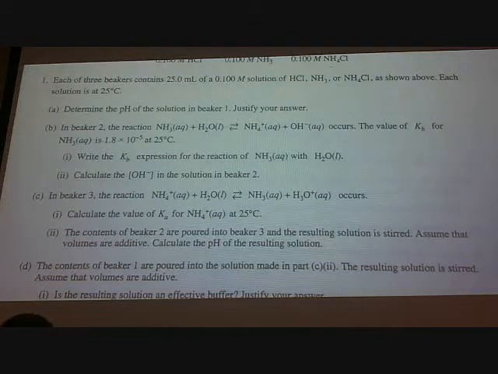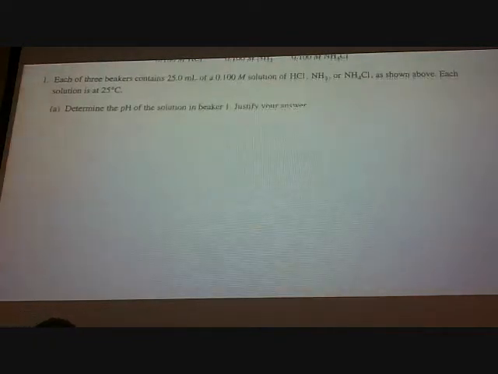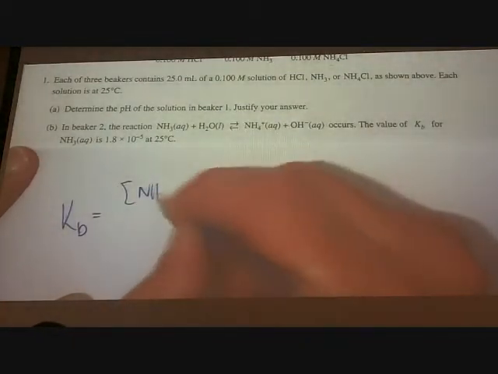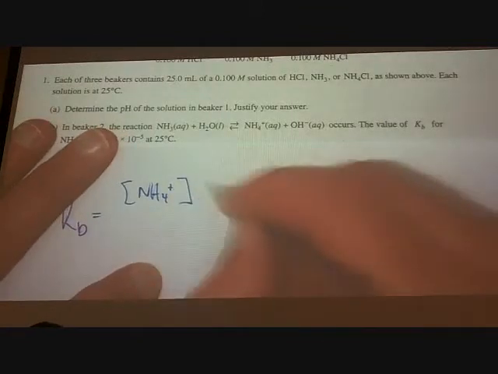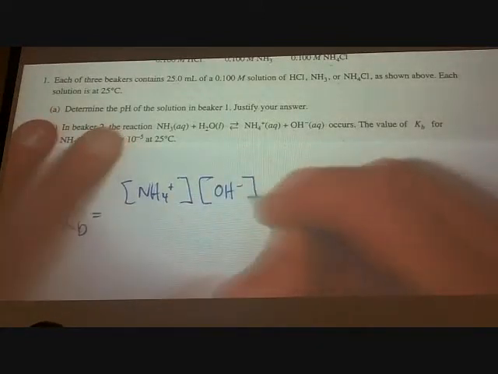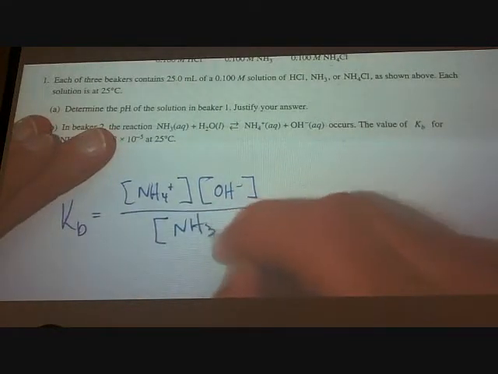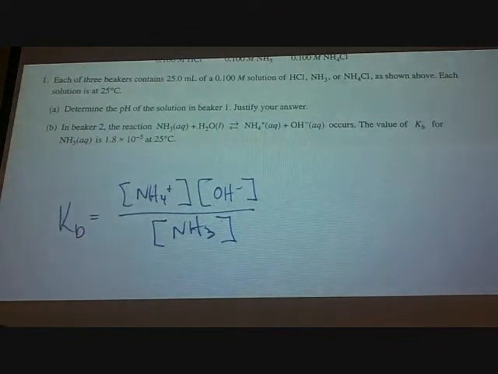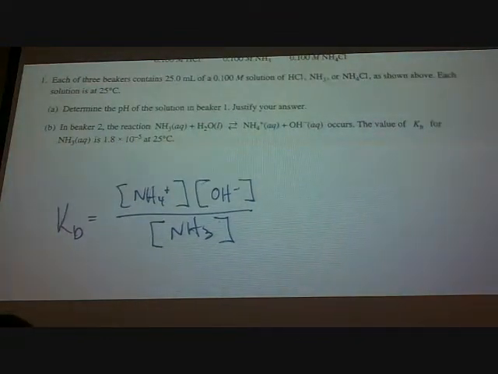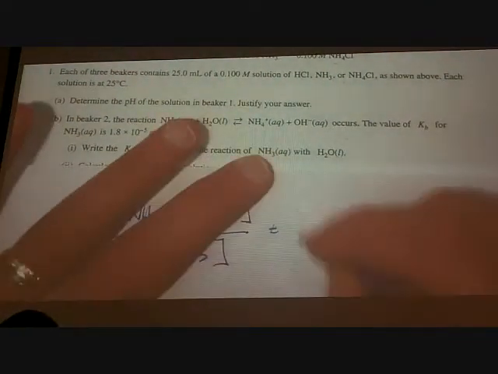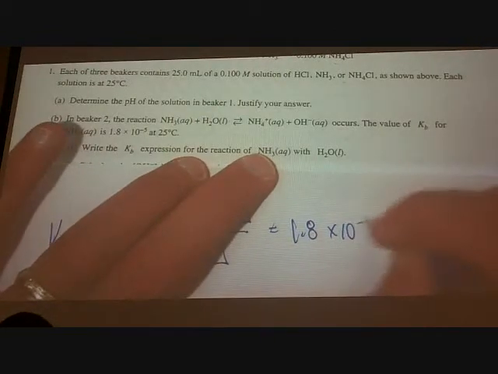Those are 2 easy points right there. Kb. Where's the equation? There it is. So NH4. Again, make sure that in your expression, hydrogen or hydroxide is always on top. Okay? By doing that, you're making sure that they're on the product side. And if you wanted, you could just dazzle them, but that's not required.